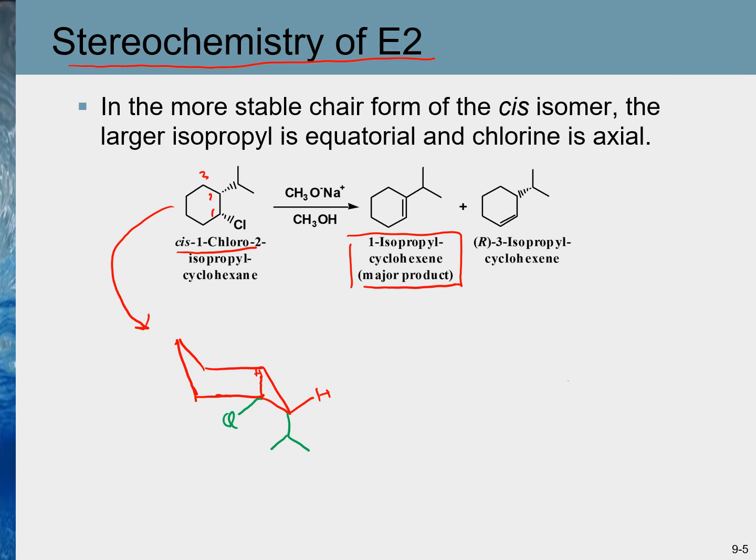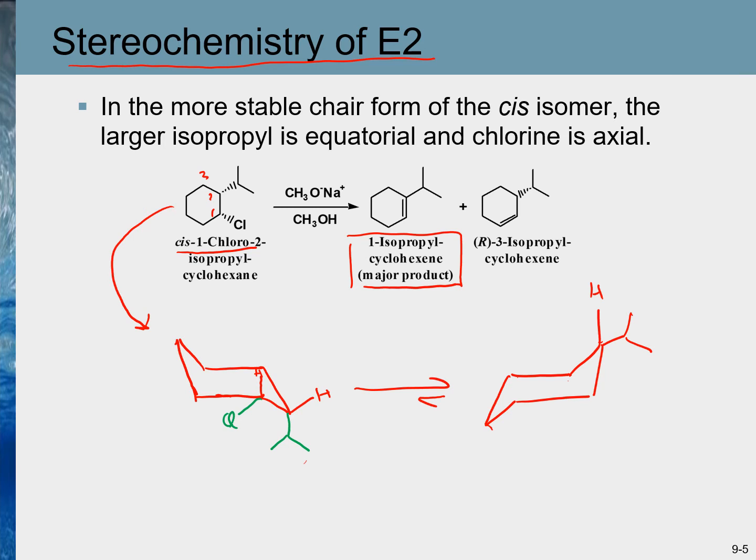Now we also know that the bulky groups do not prefer the axial position, so in this case there will be a ring chair flip, and it will result in occupation of isopropyl group at equatorial position, and the hydrogen will now be occupied at this axial position.